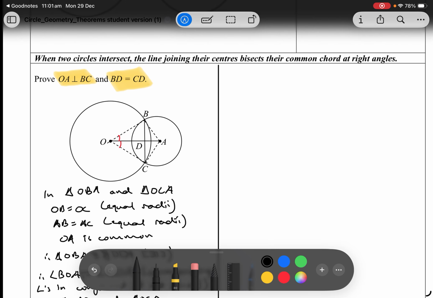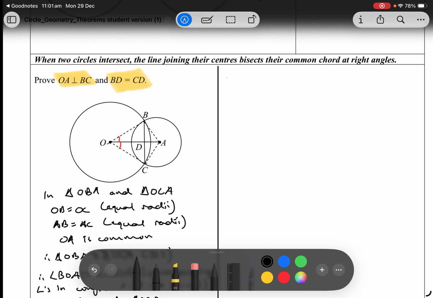We're going to say now that since those two are congruent, we can say that angle BDO is equal to angle CDO. So BDO is equal to CDO. So this angle is the same as this angle.